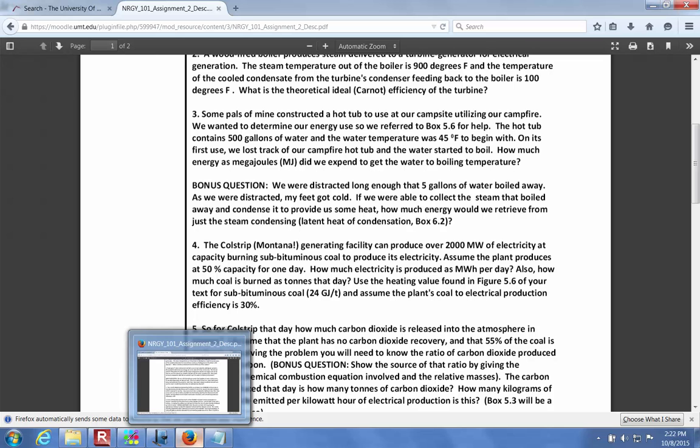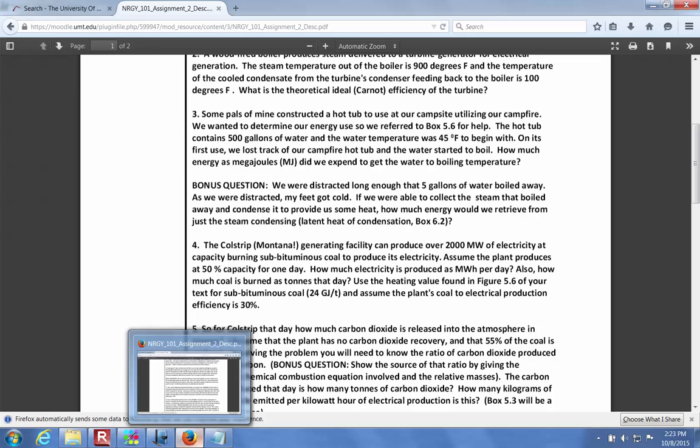In megajoules, probably, though it doesn't say how much energy you would retrieve. Well, the key component there is what's called the latent heat of vaporization. For water, and it says right in that box, the heat needed to convert 1 kilogram of water at 100 degrees centigrade into steam at that temperature is 2.258 megajoules per kilogram. Well, let's write that one down.